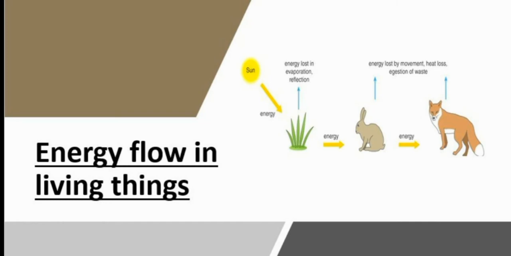Green plants trap the sun's energy during photosynthesis to prepare food, and this energy is transferred to humans and animals when we eat plants. Okay, so this is the way energy flows from sun to plants, then plants to animals and then to human beings, or directly from plants to human beings.